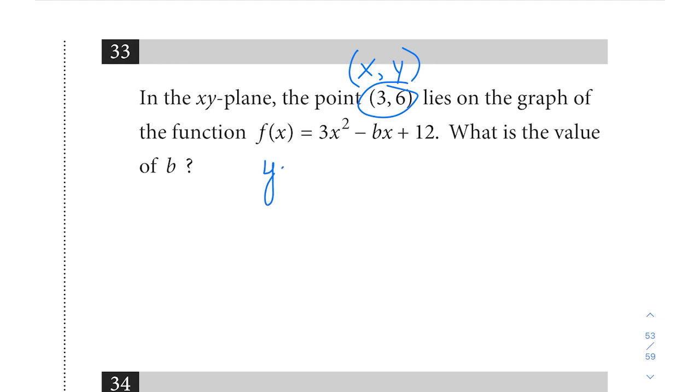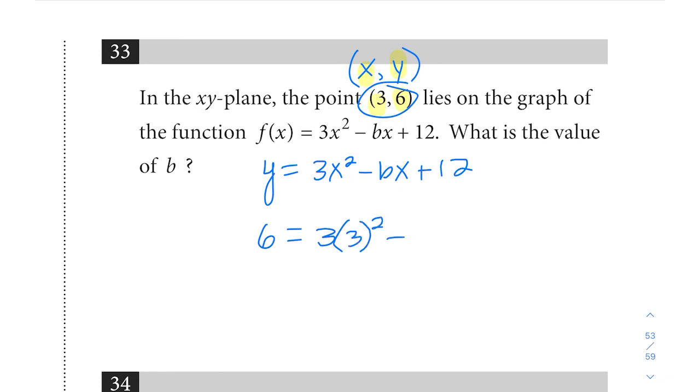And here, f of x, that's really the same thing as saying y. So this is like y equals 3x squared minus bx plus 12. We're going to plug in a 3 in place of x, and then we're going to plug in a 6 in place of y.